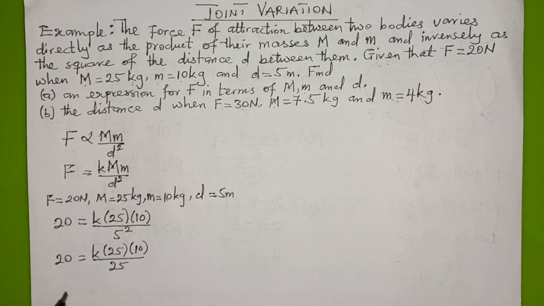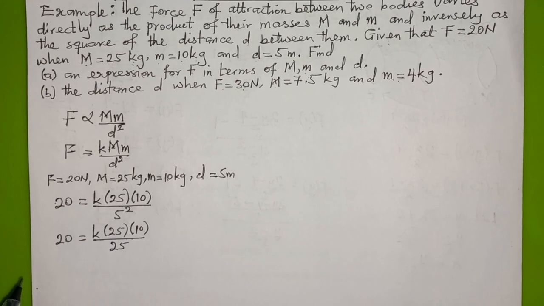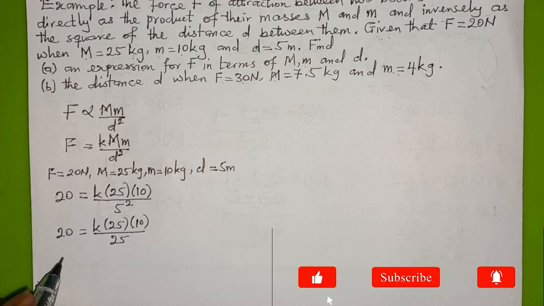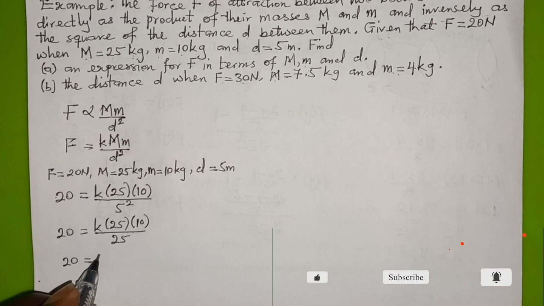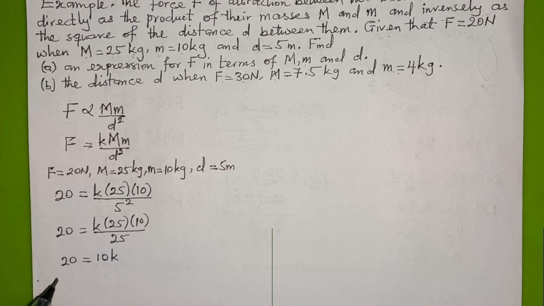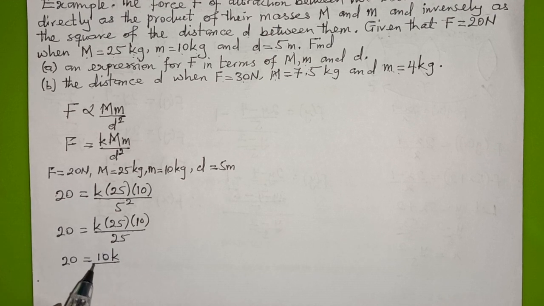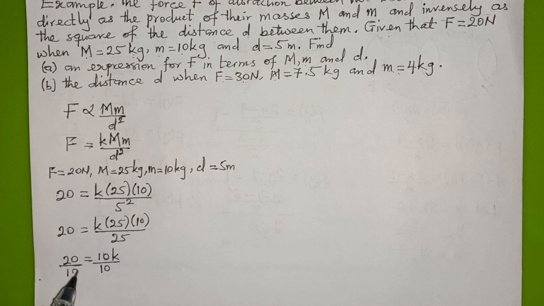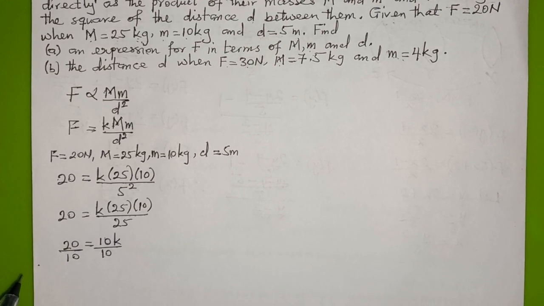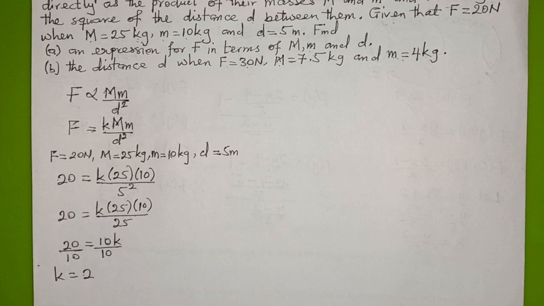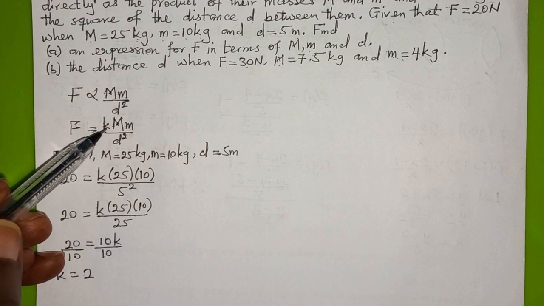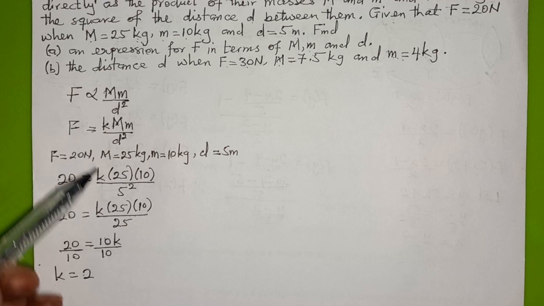So what we would have left would be 20 equals 10K. All right, what we need to do is to divide this side by 10, divide here by 10. Finally, our value of K would become 2.